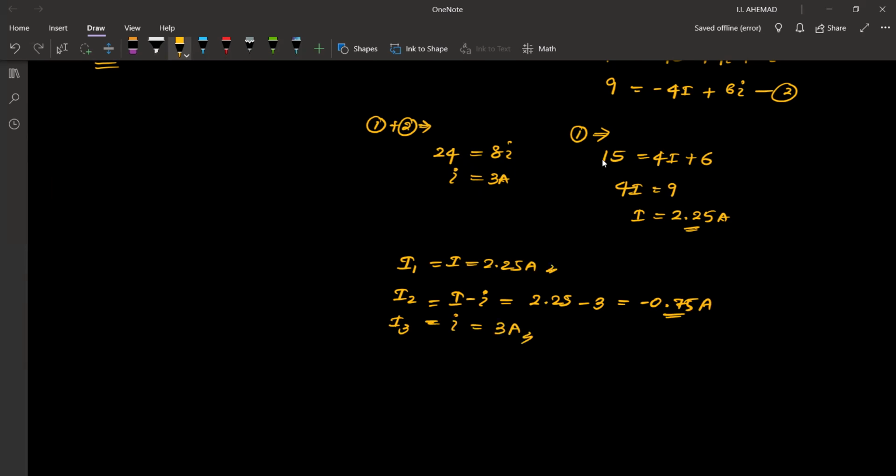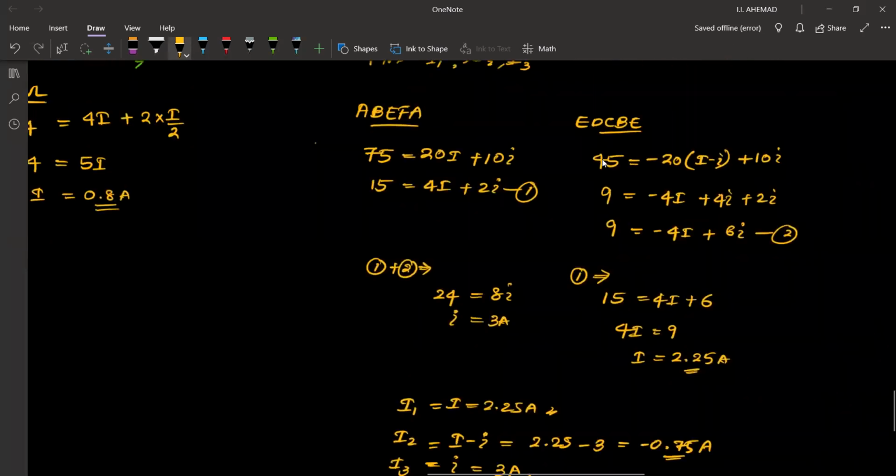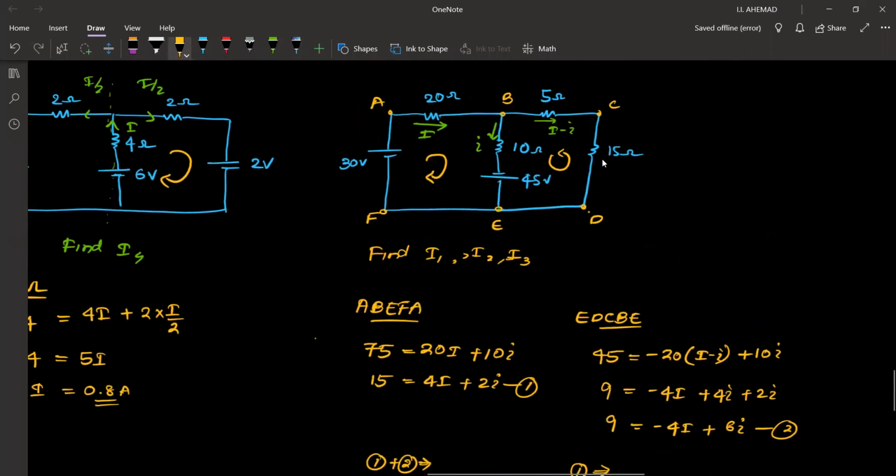What does this minus 0.75 mean? What does minus 0.75 mean?